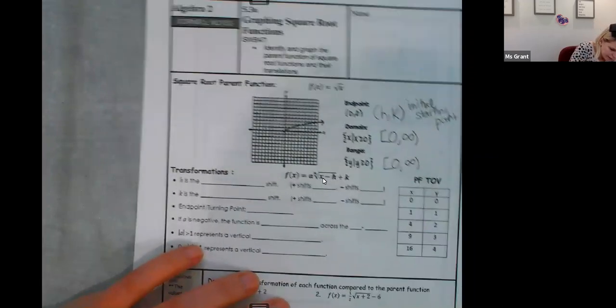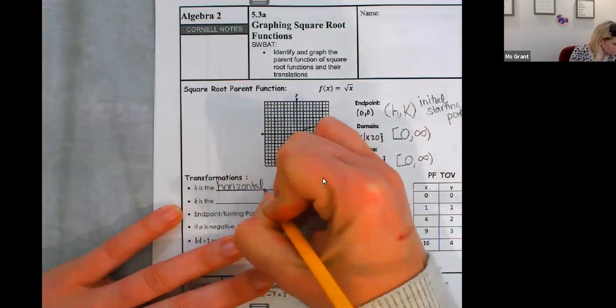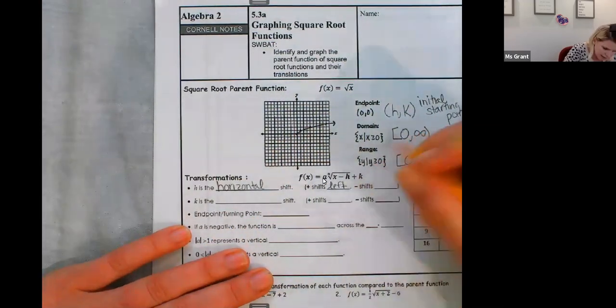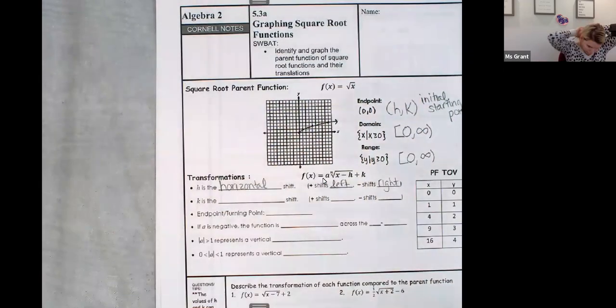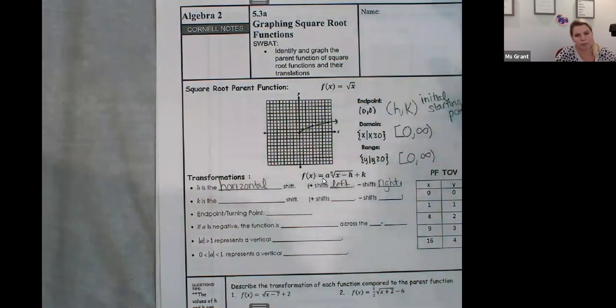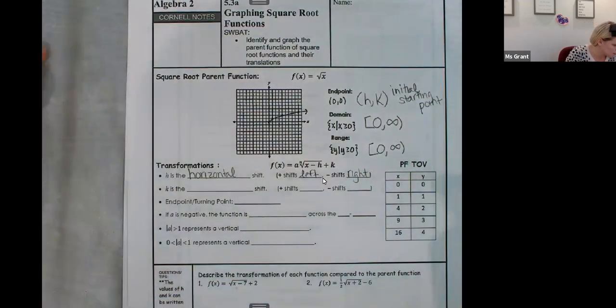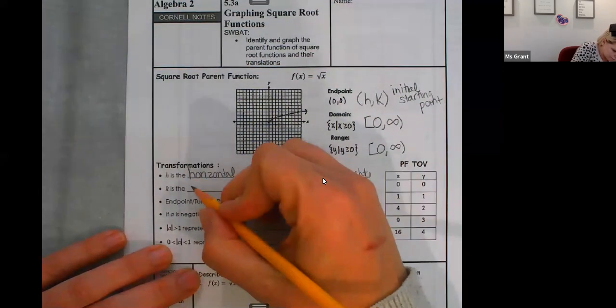h is my horizontal shift. The positive shifts left. The negative shifts right. We know that from previous transformations. My k is my vertical shift.